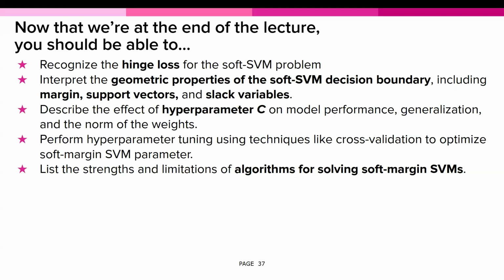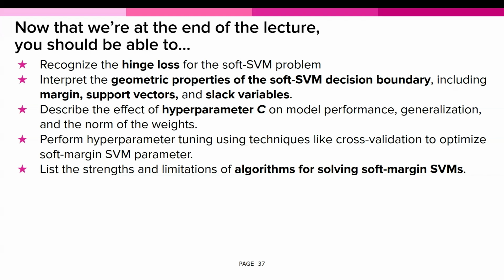We talked a lot about the effect of hyperparameter C on model performance, generalization, the norm of the weights. We looked at it empirically, we looked at it analytically, we looked at it from the primal perspective, from the dual perspective. So we've got lots of ways to think about the effect of the hyperparameter C on model performance.